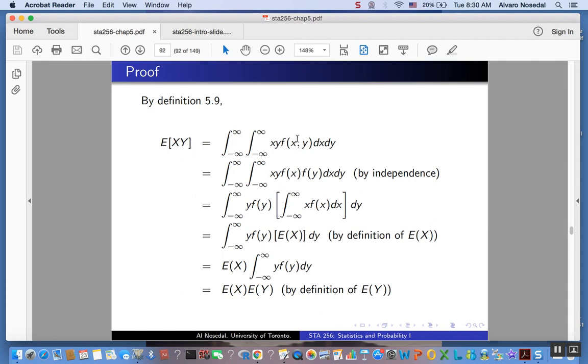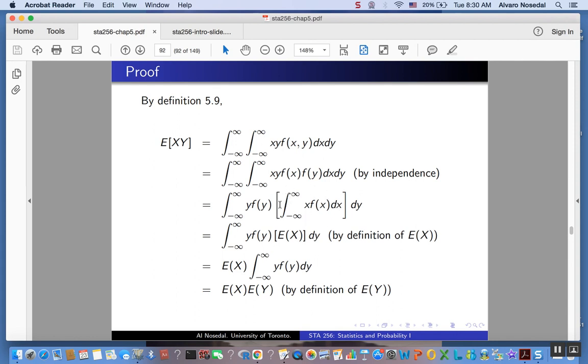Now we know that if x and y are independent, the joint is the product of the marginals. Now we're integrating with respect to x first, so y and f of y are constants with respect to x, so we end up with this integral here with respect to x.